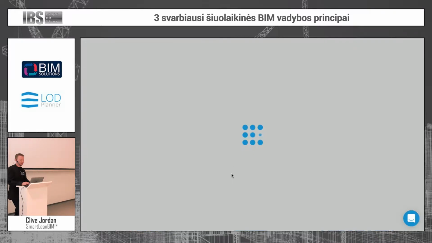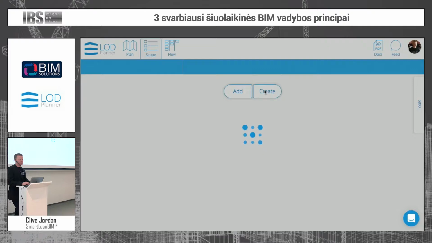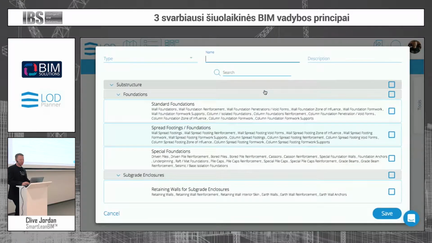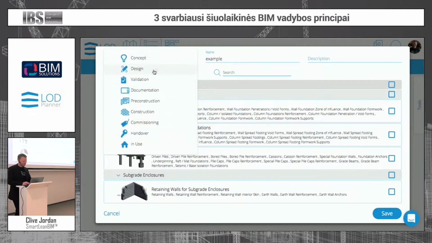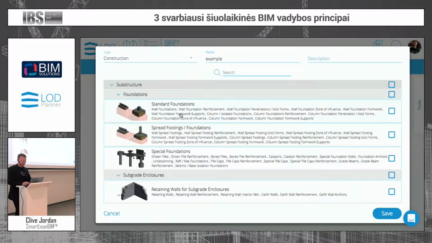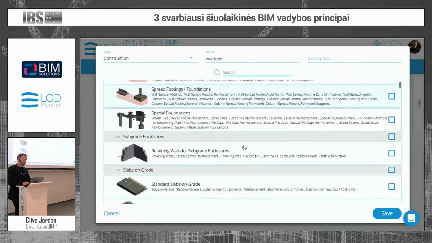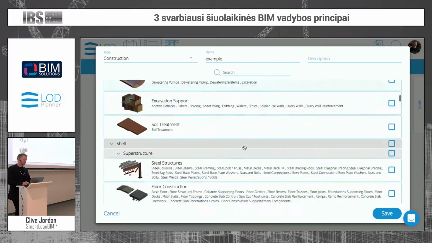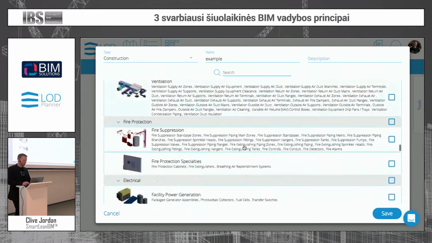Let's go back to the standard and go back to our project. And I'm going to create a new scope to show you how simple it is to do it from scratch. And I'm just going to call this an example scope. Choose when it is, let's call it a construction scope. And you can see this is a library of all of the systems and elements that you might be wanting to manage.